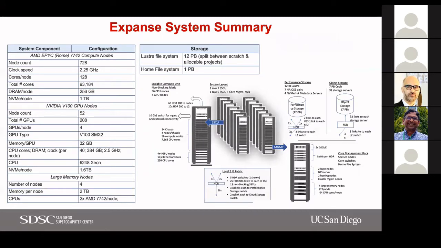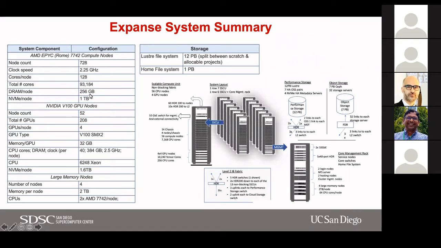So that's the gory details of each node. So basically, it's a 2.25 gigahertz processor, 64 cores on each socket, on each processor, 2 sockets, so you get to 128 cores, 256 gigs of RAM.